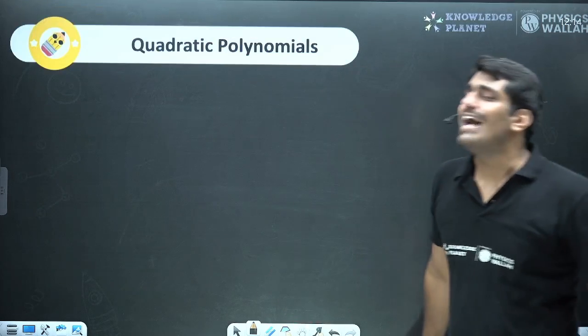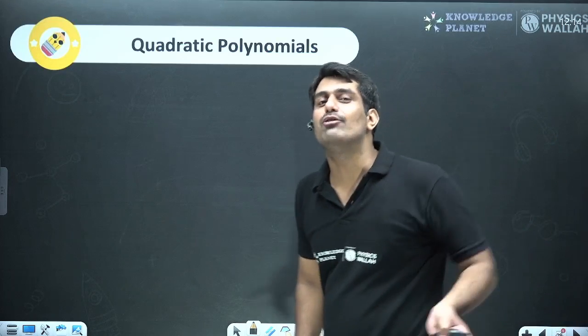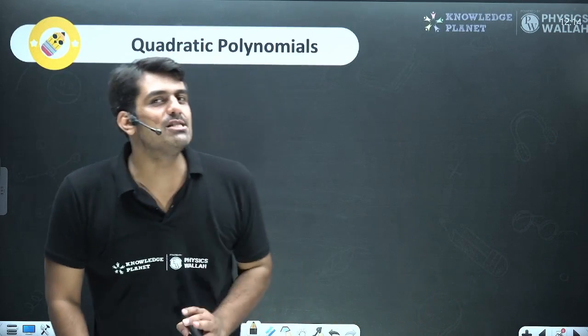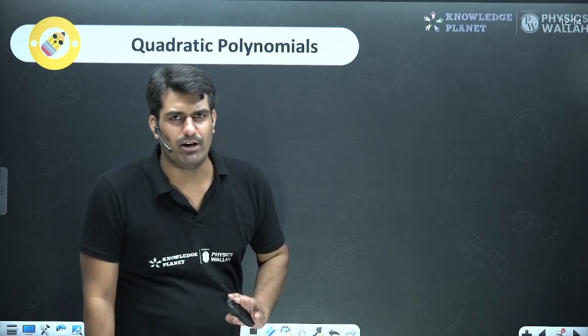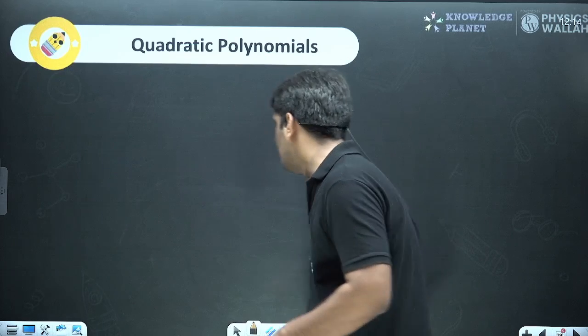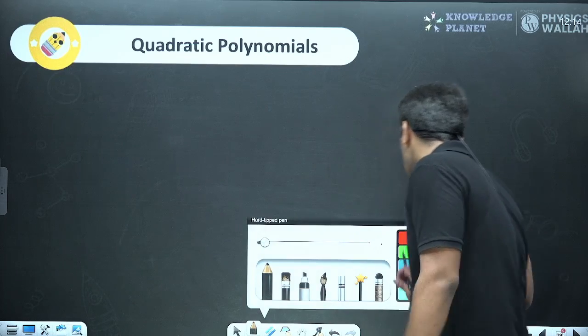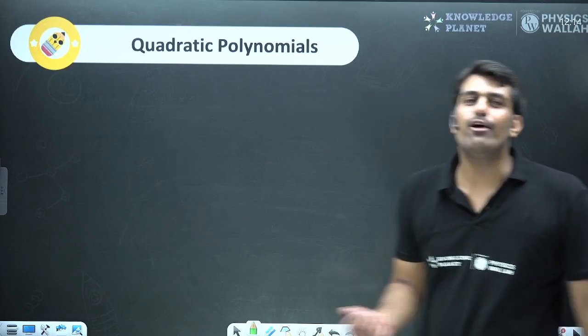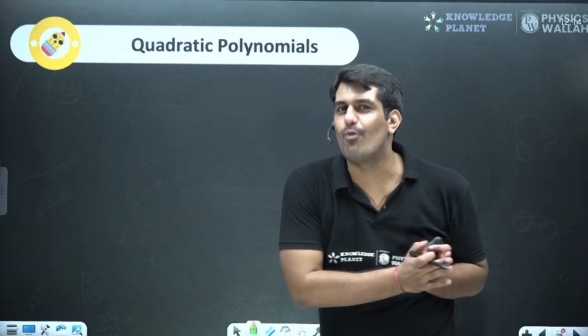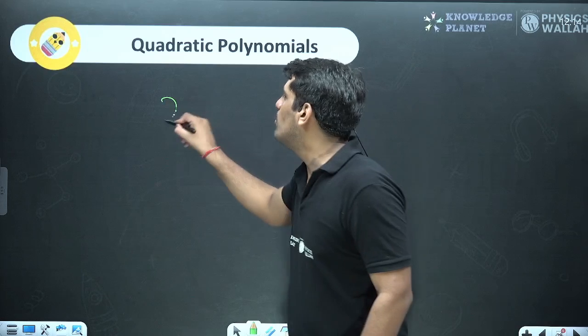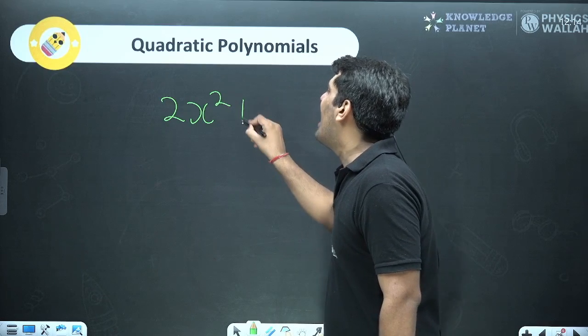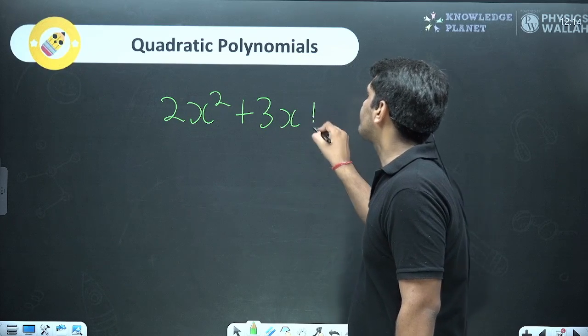Alright, so that was all about the geometric meaning. I'll come back to the geometry of the polynomials, but first let's talk about the quadratic polynomial. In quadratic polynomial, the first thing we need to understand is what quadratic means. I hope you can now describe what quadratic is, because we have already talked about polynomials having the highest degree as 2.